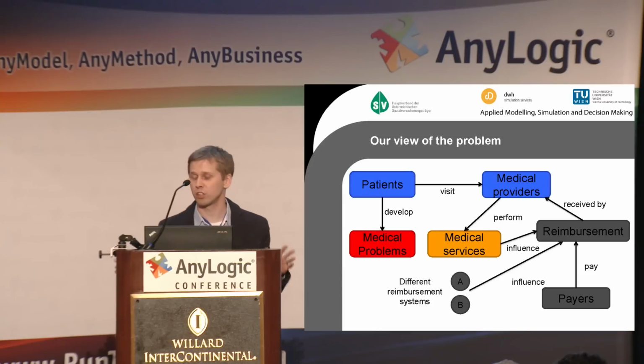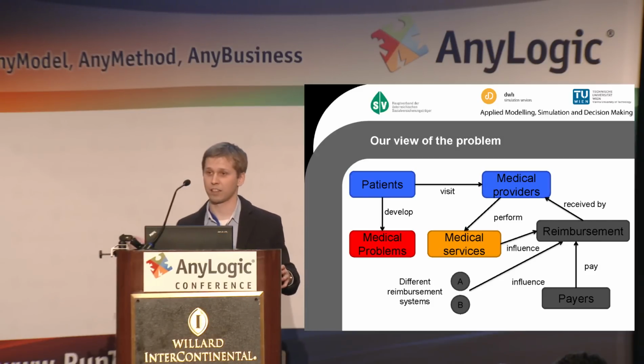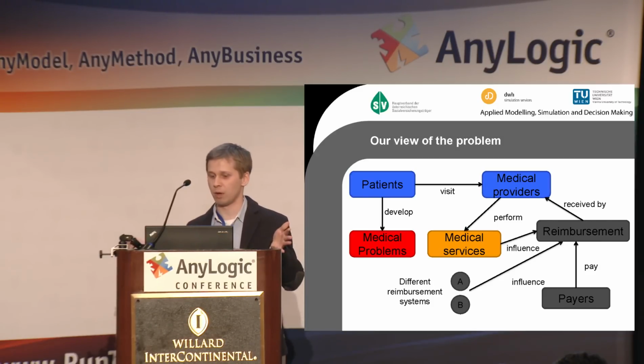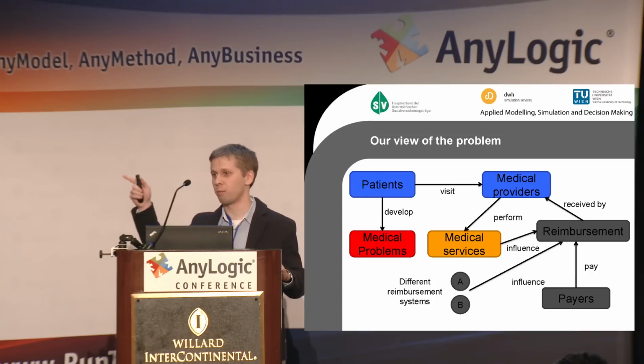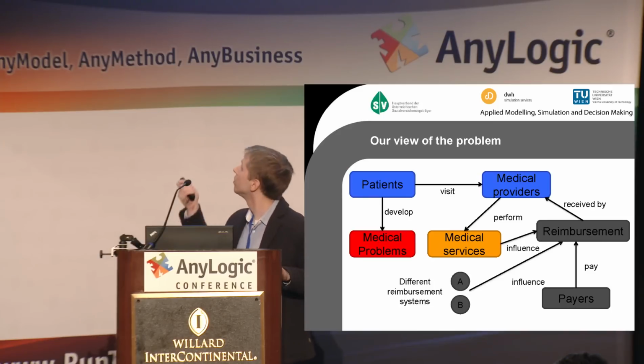For each specialty that we have in the data in Austria, I created an own active object, but it's all the same medical provider class, with a type parameter, so some attributes of the provider would depend on it.